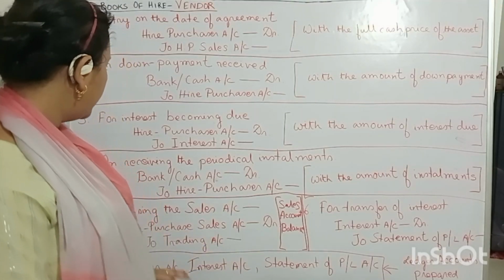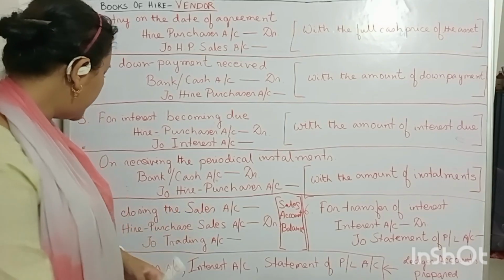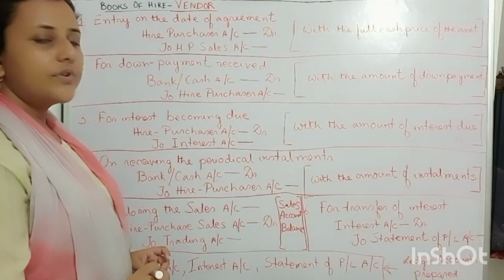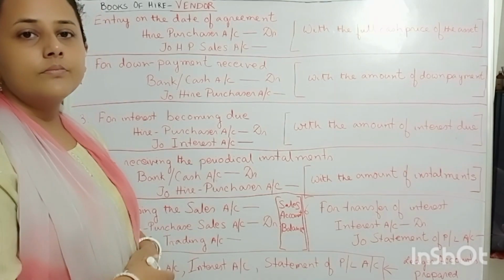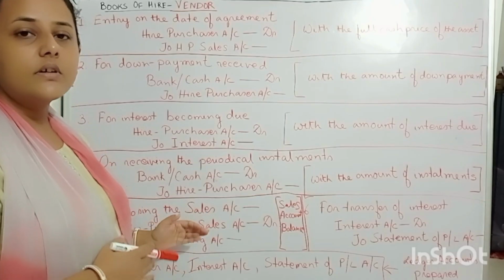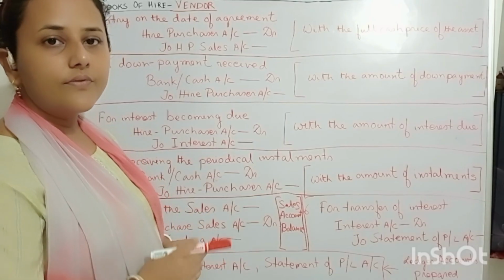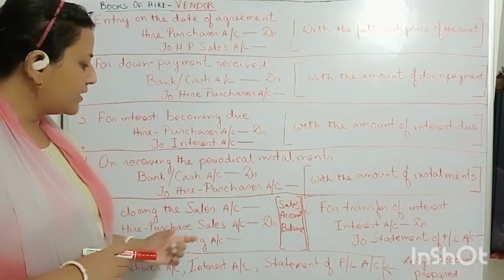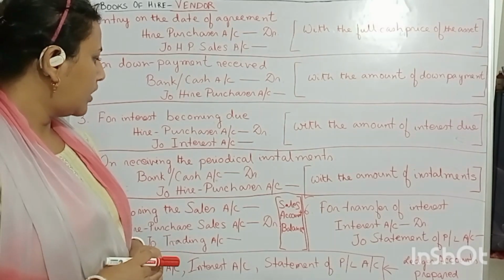This entry on closing the sales account will be passed only once, on the closing date of the first year, when the periodical installment is paid.